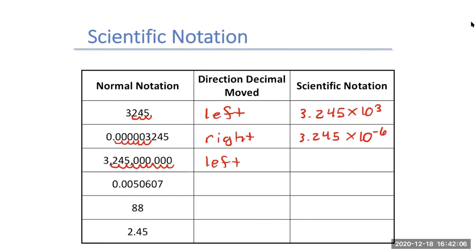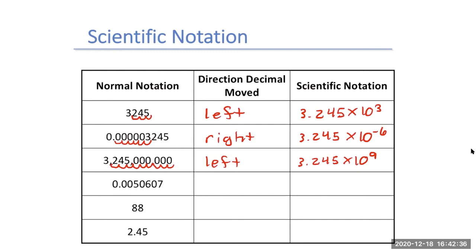Having the commas kind of helps make it a lot easier so you don't necessarily have to count like this. So we have 3.245 times 10 to the 9th. So now you can see with scientific notation, having to the 3rd versus to the 9th makes a big difference. Even though these numbers are the exact same digits for all of these, the scientific notation tells me I have very different numbers.